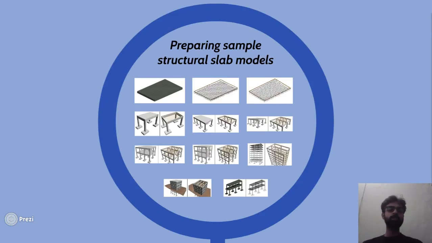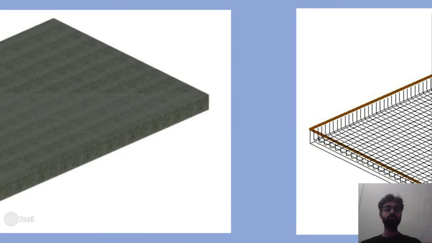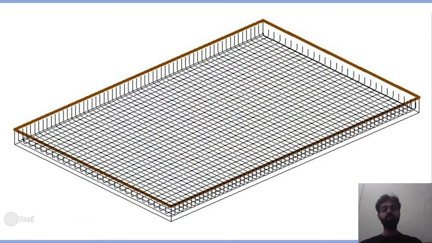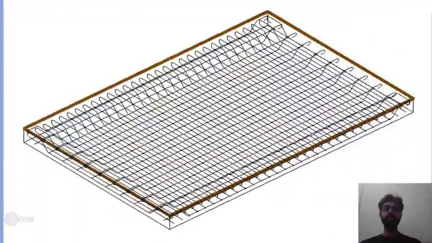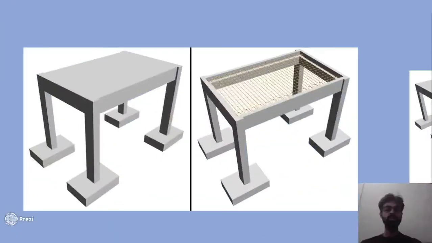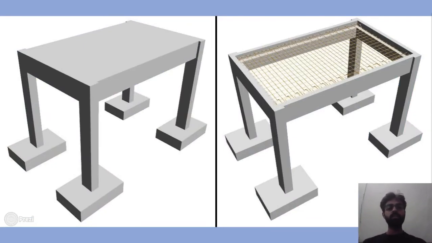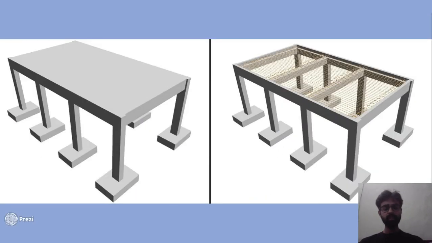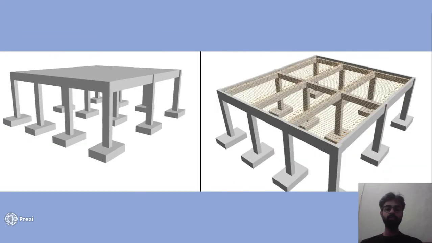Next, we move towards preparing the structure slab model which we need for the purpose of our code checking. At the very first, we prepared some sample structure slabs without any boundary condition or any spatial condition, just simple structure slabs with simple reinforcement details. Then we moved towards creating the slab with other structure members also, like beams, columns, and footings. Then we moved towards building several slabs in a particular direction or at a particular level, then in different directions.